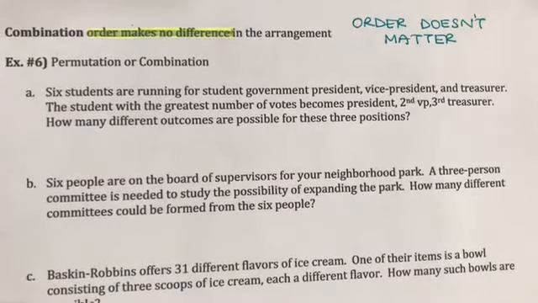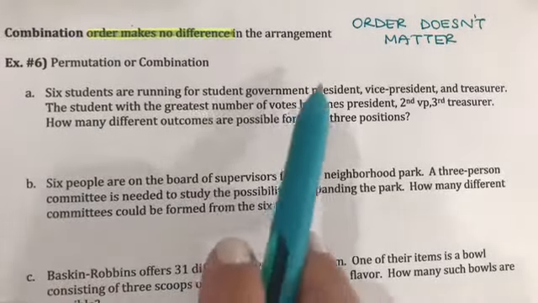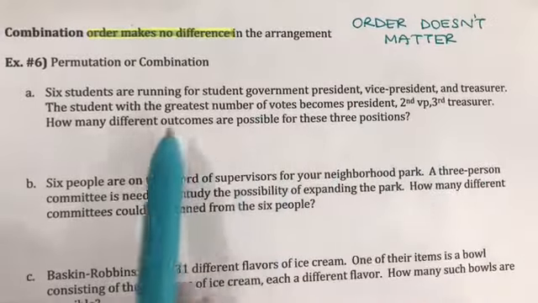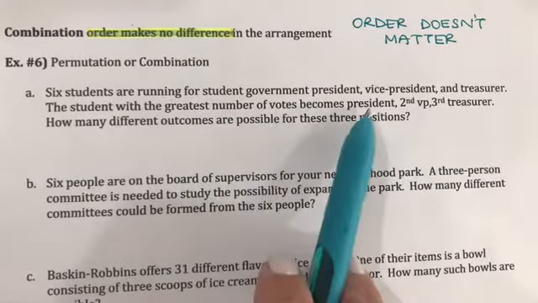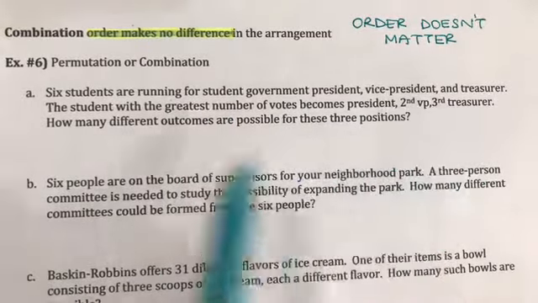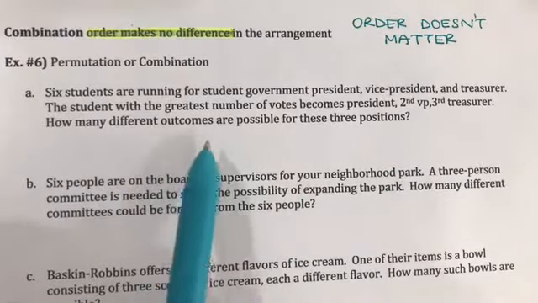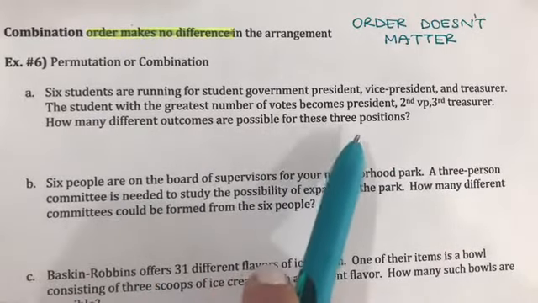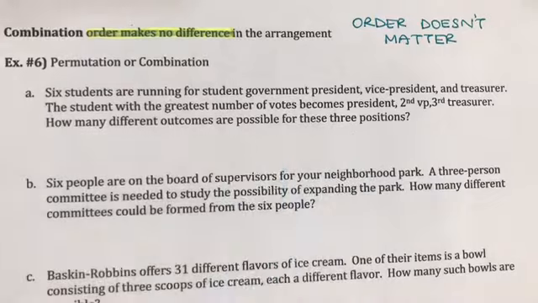Okay, so for the first scenario, 6 students are running for student government president, vice president, and treasurer. The student with the greatest number of votes becomes president, second is VP, third is treasurer. How many different possible outcomes are there for these 3 positions? Okay, so in this case, the order does matter.